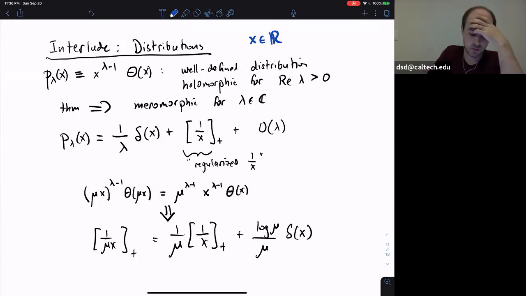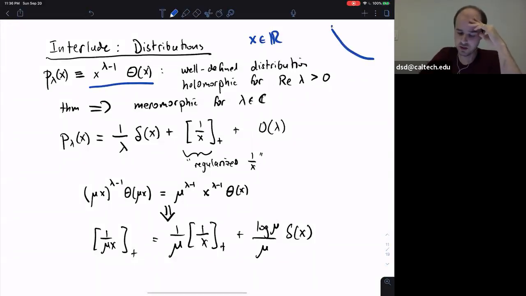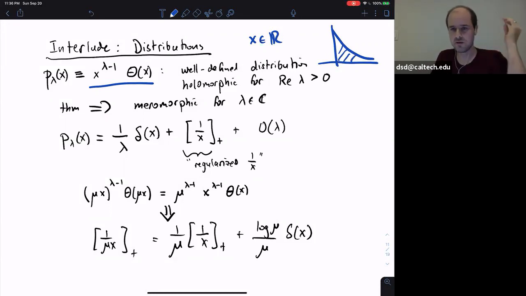We'll look at P_lambda of x, which is x to the lambda minus 1 times theta of x. This is a power of x, and there's a theta function restricting x to be positive. If the real part of lambda is bigger than 0, then this is a well-defined distribution, and in fact it's holomorphic in lambda. That means we can integrate it against a sufficiently nice test function, let's say a Schwartz function, and we get a nice number.